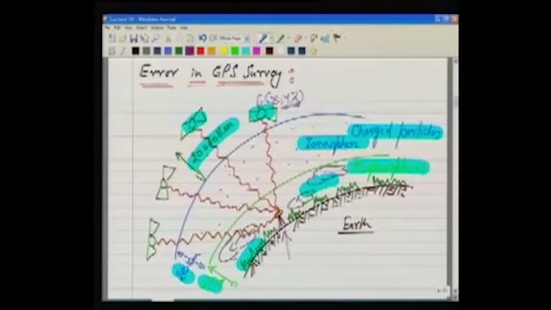As well as, the signal is traversing through the ionosphere, through the troposphere, so what will happen to the signal? The signal will get delayed, and because of the delay, again there will be error in our GPS position. Then of course, the antenna itself, because this antenna is observing these signals, so if there are problems with the antenna, again there will be error. So these are the various sources of the error in the GPS.